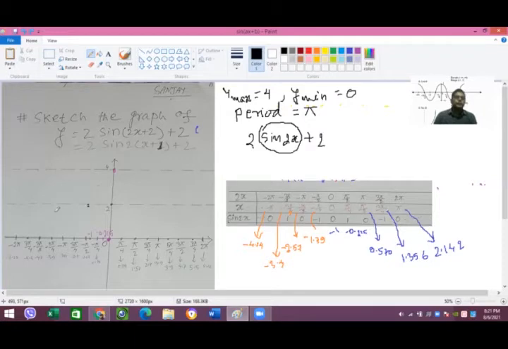So here on this graph, one thing we are sure of is that maximum is 4 and minimum is 0. So the graph will not go beyond these two values. So let's see here at 0 degrees. First of all, I am working from 0 to pi, minimum value and then max.